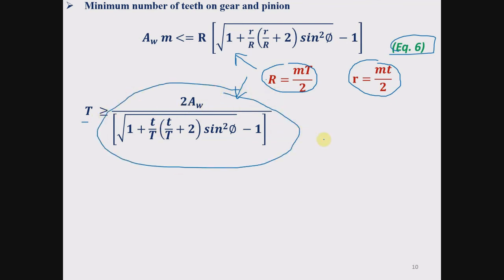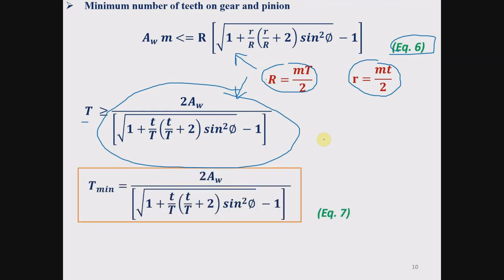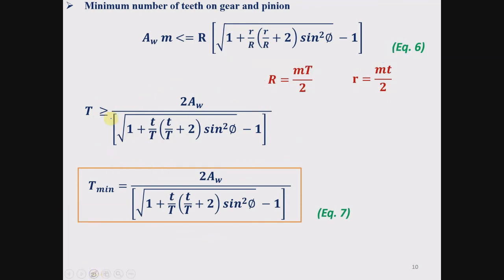Greater than or equal to, what does it mean? Number of teeth on gear must always be greater than or equal to the right hand side. Number of teeth on gear must always be greater than or equal to this much value.